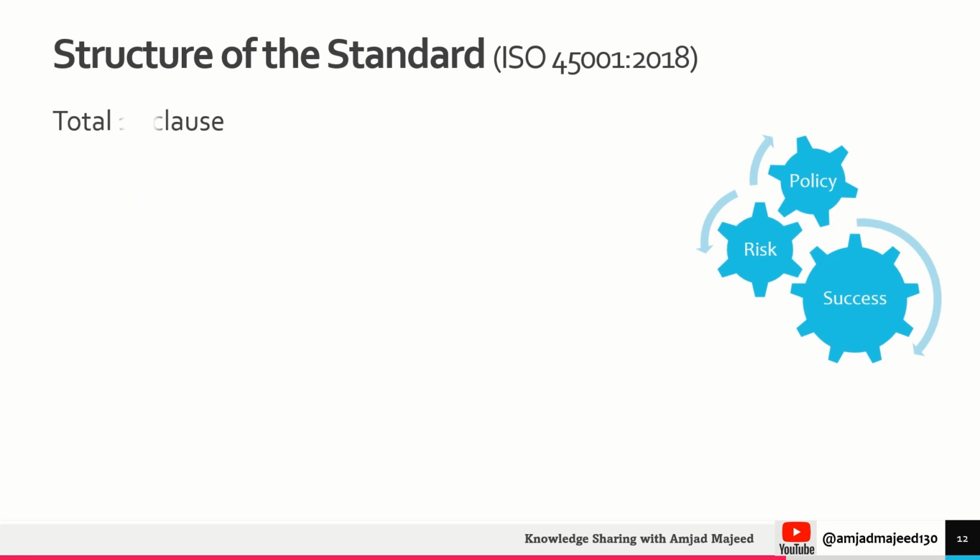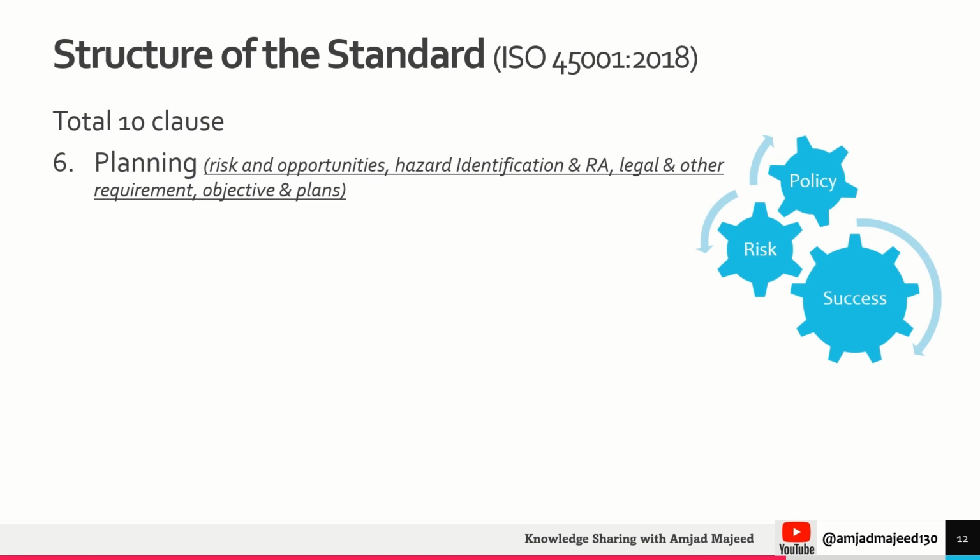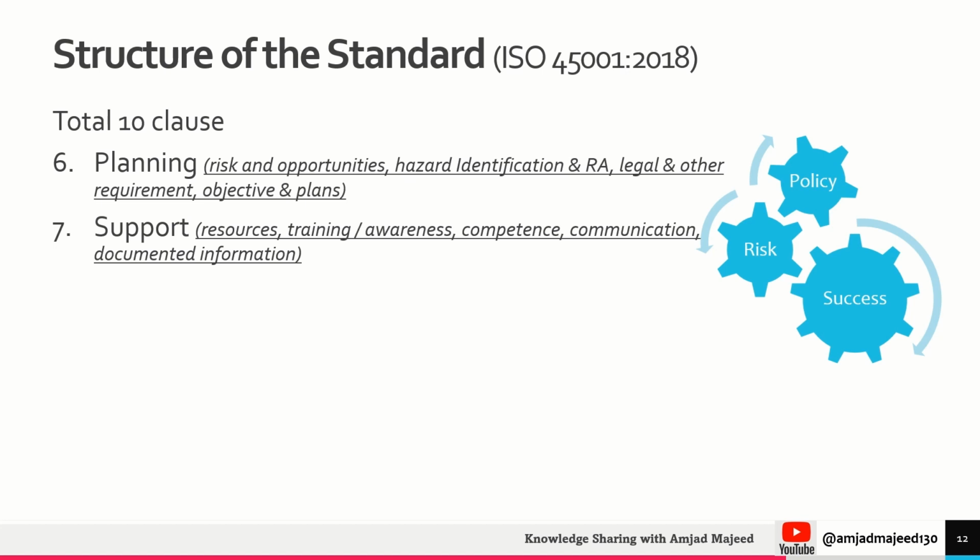Clause number 6 talks about risk and opportunities, hazard identification, risk assessment, legal and other requirements, objectives, and the management programs and plans. Support talks about the resources required, the training and awareness, and the competence required to establish, maintain, and implement the management system.